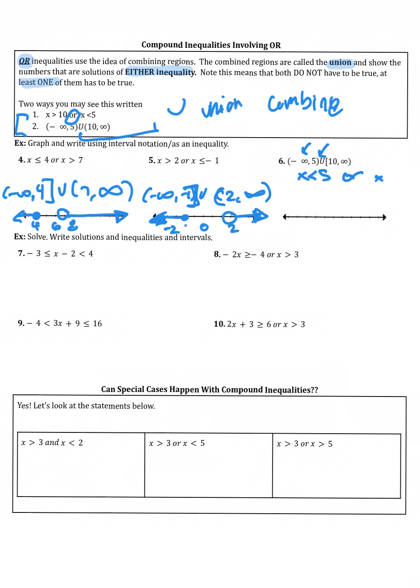X, so we're starting at 10, greater than or equal to, since this is a square bracket. X is less than 5 or x is greater than or equal to 10. Go ahead and pause the video and try and graph this on your own. Okay, open circle at 5 pointing to the left, closed circle at 10 pointing to the right.